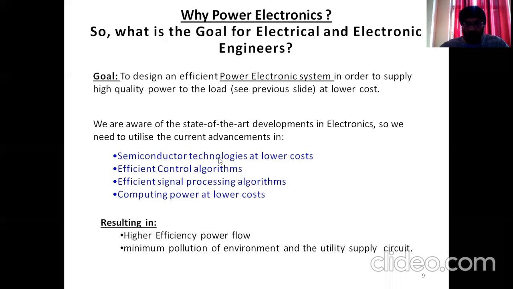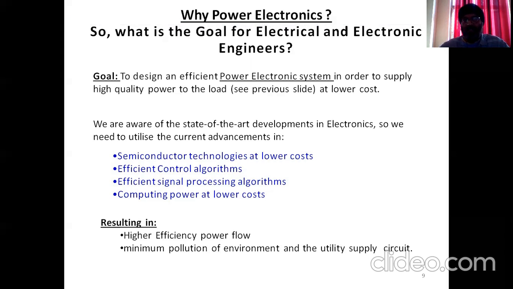Okay, so if we use these state-of-the-art technologies in designing power electronic systems for a high efficiency power system, it means we can minimize the environmental or health hazards because there is no pollution in electronic systems. If we are using all electronic systems in between, we are actually minimizing the pollution.